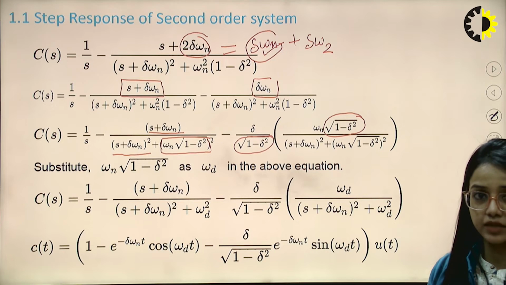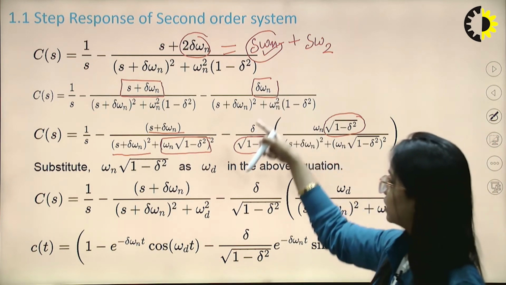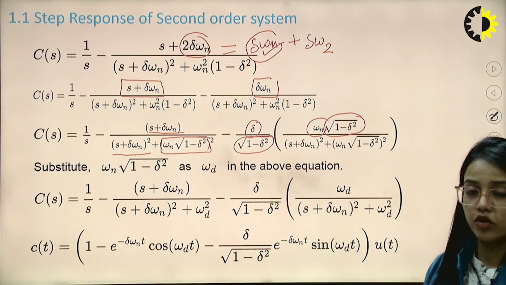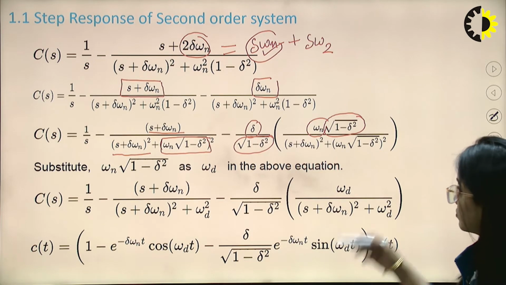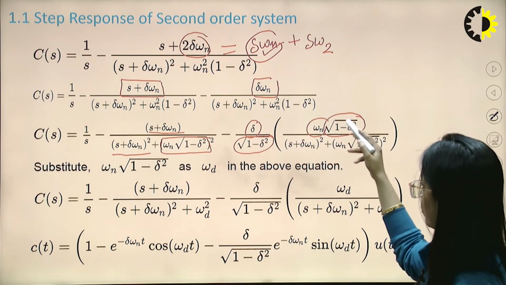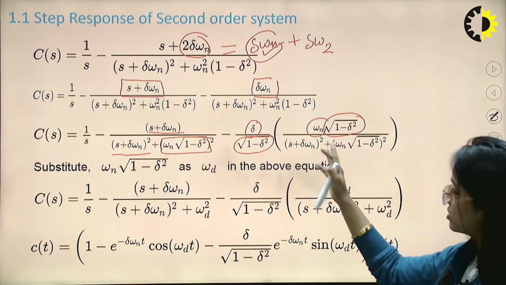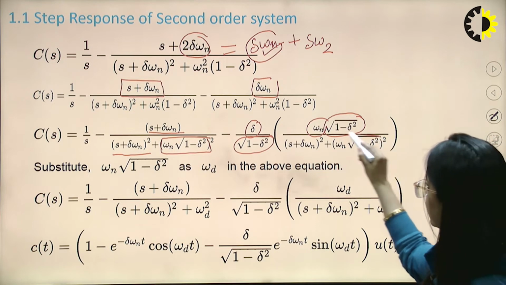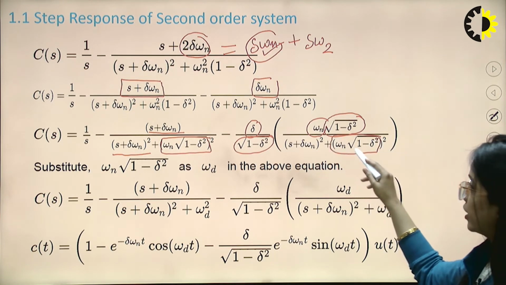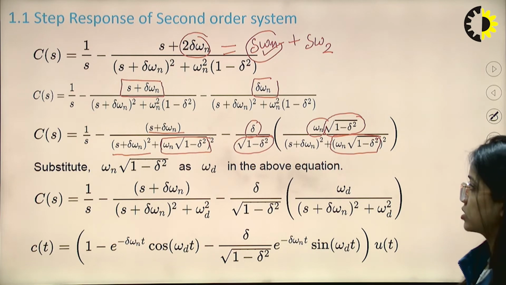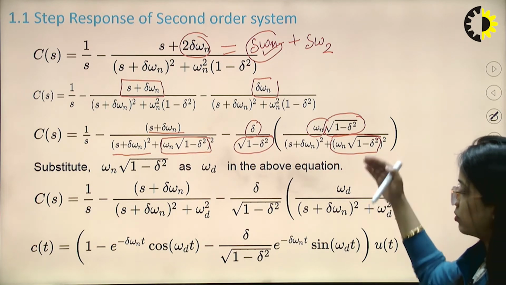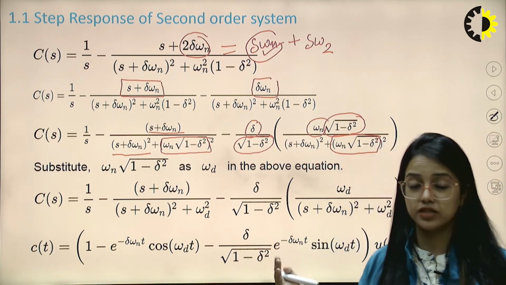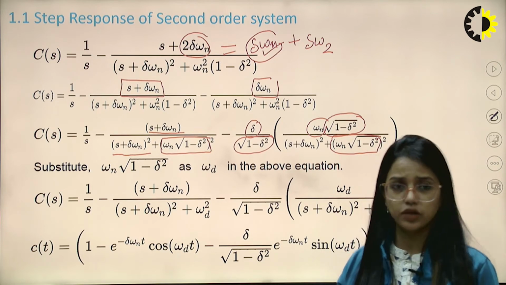Once we multiply these, zeta and omega n are already included in this term. Again we have omega n root over 1 minus zeta square, and from this term we have s plus zeta omega n, and it fits into a perfect square, omega n root over 1 minus zeta square whole square. We can see that this maps perfectly to inverse Laplace in the upcoming equations.